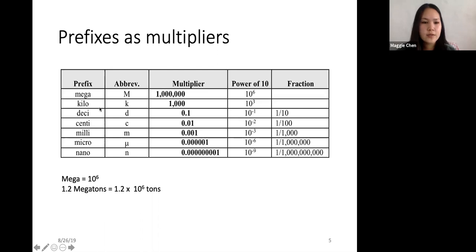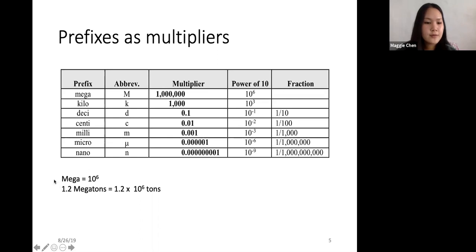But now if we look at mega, on the opposite side, where instead of a really small number we're looking at a really big number, mega can be abbreviated as uppercase M, and it's a multiplier of 1 million. Written as a power of 10, it would be 10 to the 6. Since there's no negative sign in front of this exponent, we know it's a really big number, and the 6 is how many spaces the decimal point moves to the right.